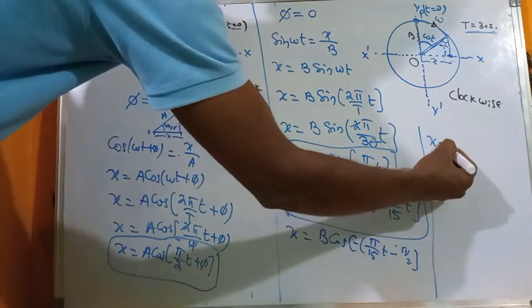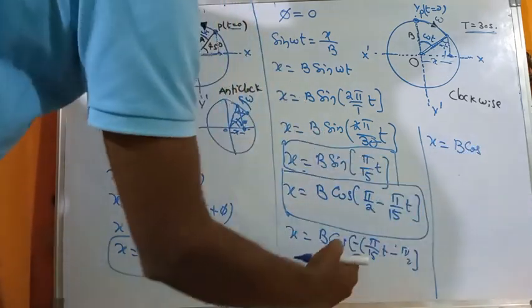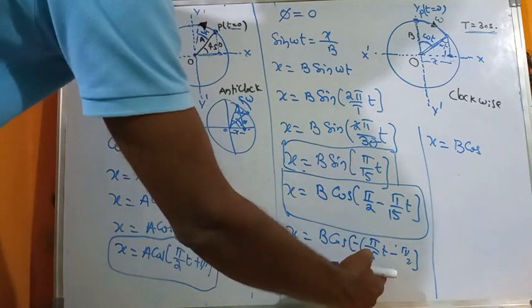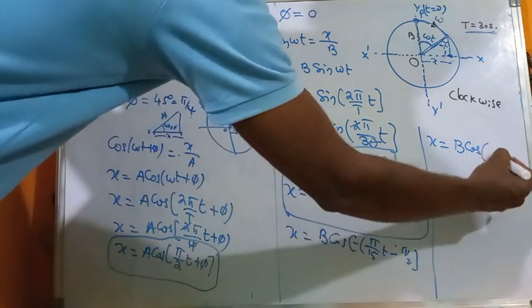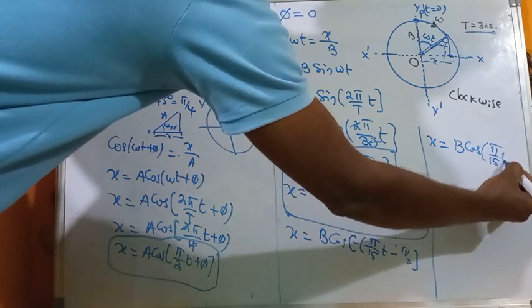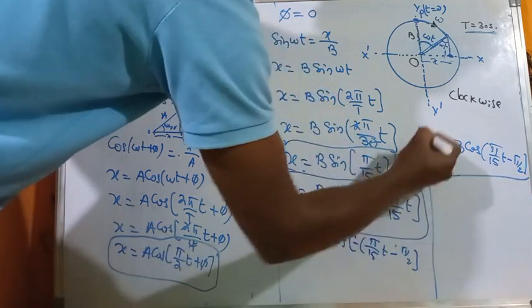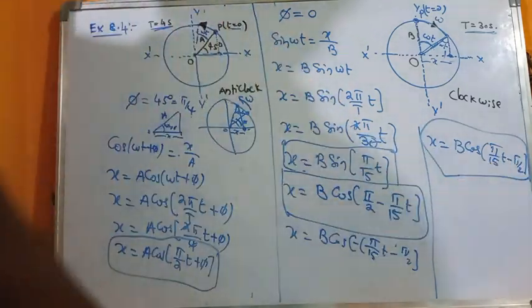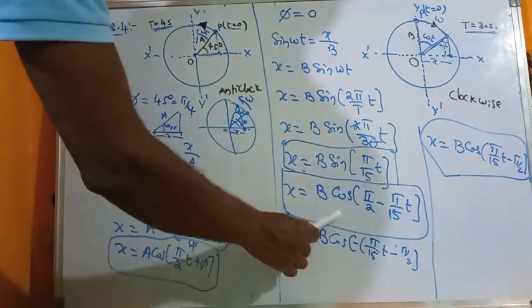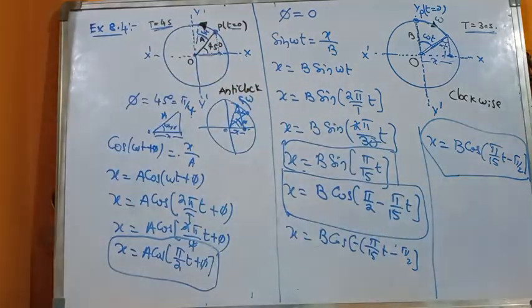So x is equal to b cos of minus theta, which is equal to cos theta. So this is pi by 15 into t minus pi by 2. This is also correct. So you can write this one or this one or this one, all are the same. This is the simple harmonic motion in clockwise direction.